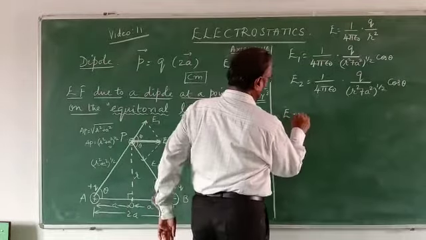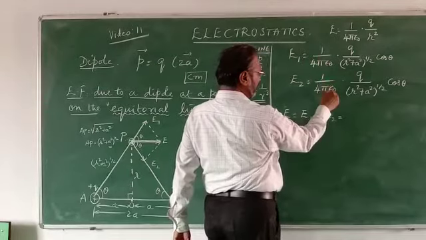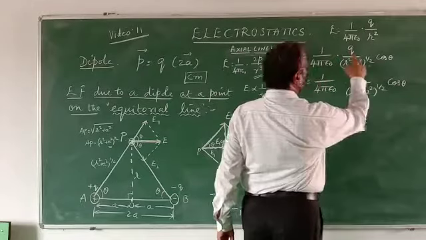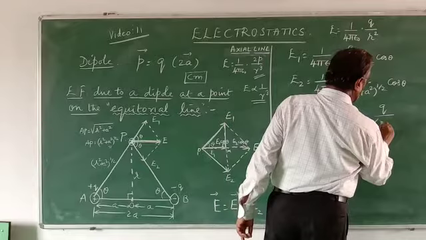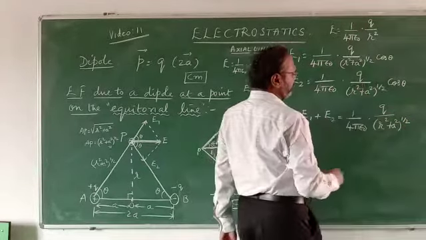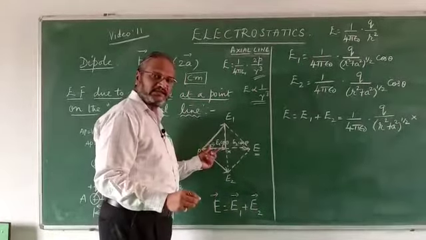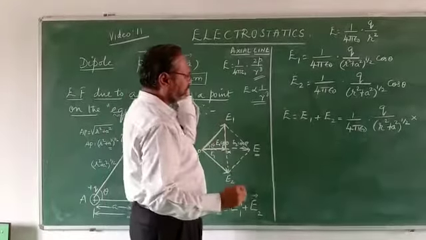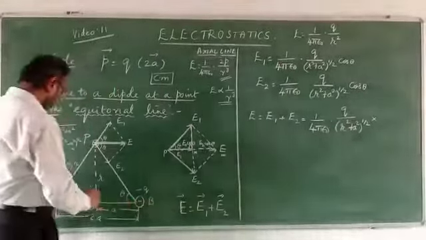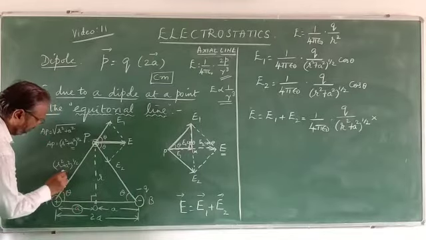So E is equal to E1 plus E2, that is equal to 1 upon 4 pi epsilon naught is common in both. So let me write it outside, into q upon r square plus a square power half is also common. Now what about cos theta? We will take it from this figure, right? So a is the base upon hypotenuse.